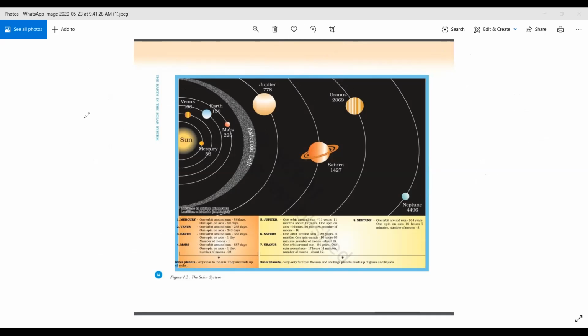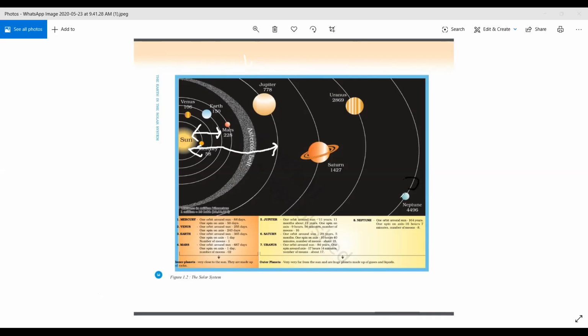The distance between the sun and the Earth, its radius, is this much. It's little. But if you compare this and this, it's very much, right? So obviously it will take a lot of time, because the more the radius, the more the perimeter.